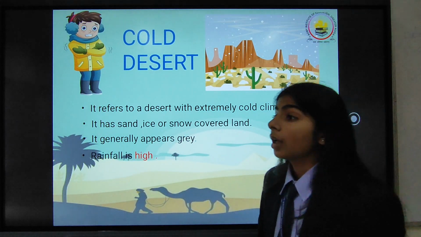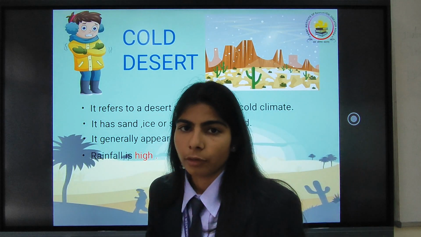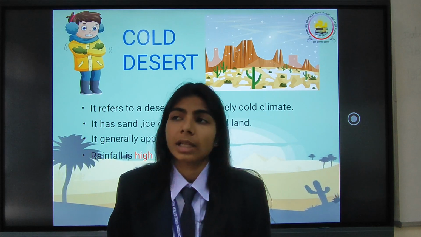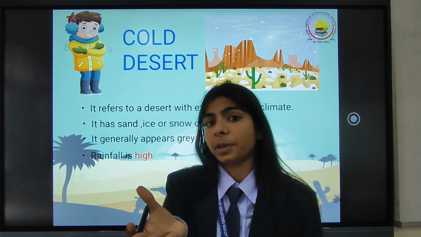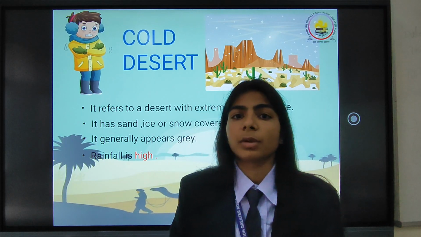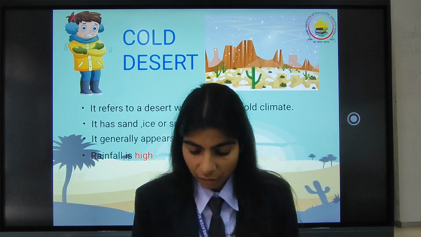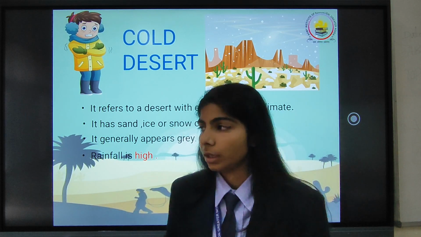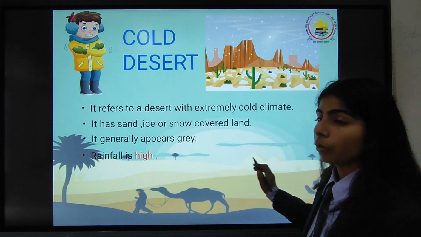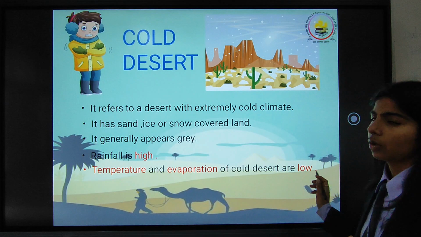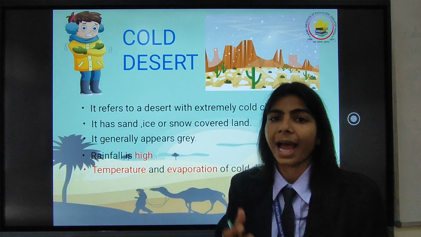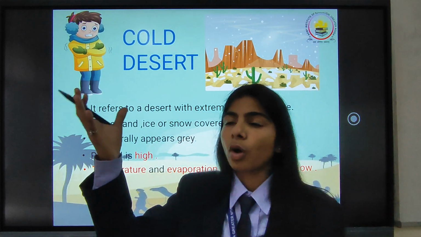Next, rainfall is high. If there is so much rainfall, so much moisture, and less sunlight, evaporation can't take place, so the temperature will be low. There will be cold. Temperature and evaporation of the desert are low because of the high rainfall and low amount of sunlight.